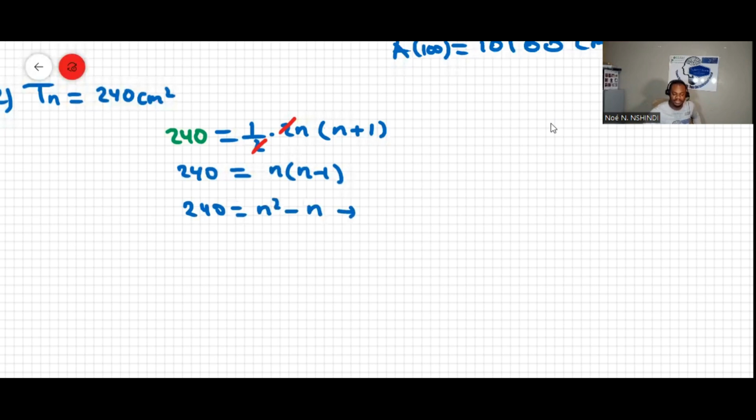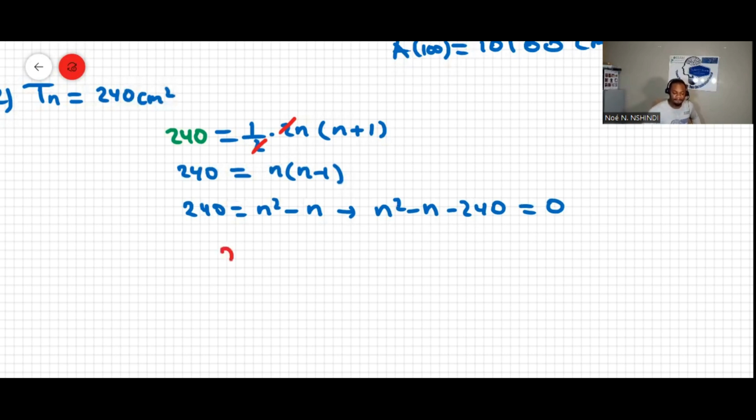So this means n squared minus n minus 240 will be equal to 0. Now we can use the quadratic formula, or because this forms a quadratic trinomial, we can factorize, or we can use the quadratic formula. In this case, I prefer to use the quadratic formula.